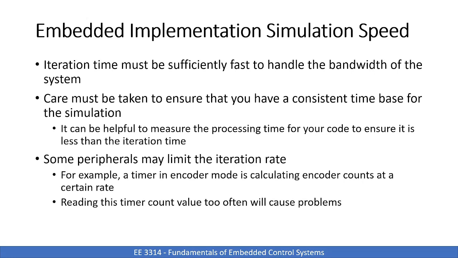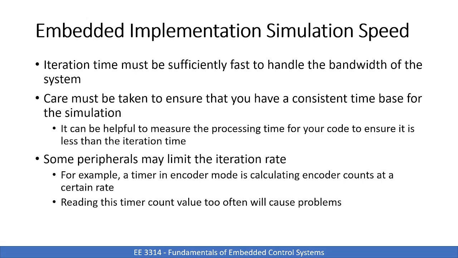Also, something to think about is that some peripherals may limit that iteration rate. You could have a lot of different peripherals in your system, like A to Ds or different things that are sampling. In our application, we'll find that the timer we're using for encoder mode is only calculating encoder counts at a certain rate, and that rate depends on how often pulses are coming in from the encoder.